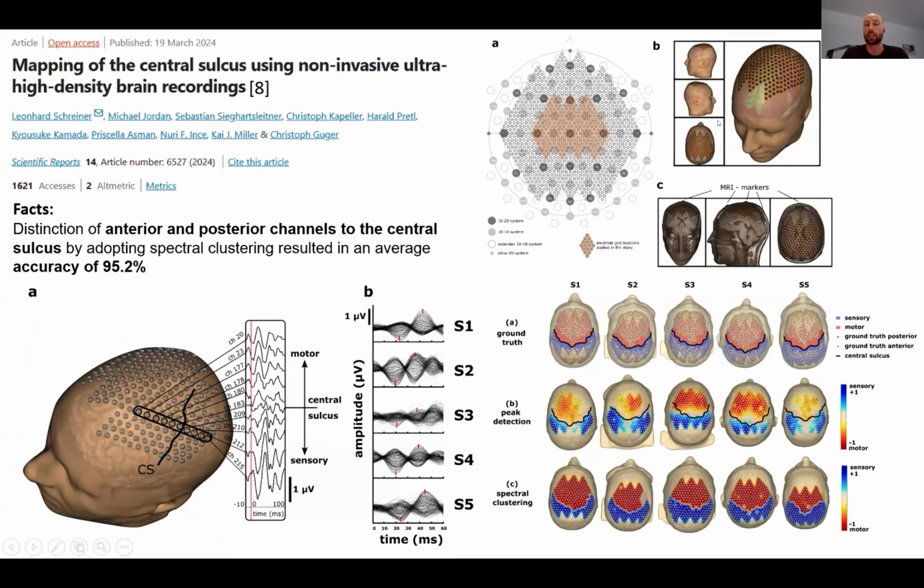And on the right top, you can see how the setup looked. So again, centrally located for all of the 5 subjects. And we used here again the MRI to find the exact location of our grids, which is obviously very important to here see the exact sensory and motor area.